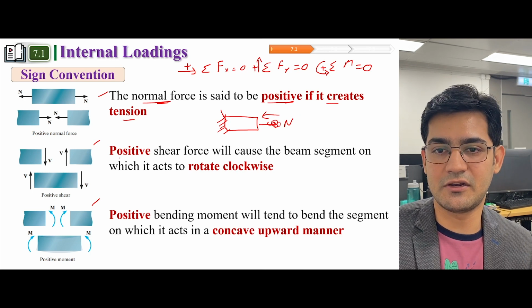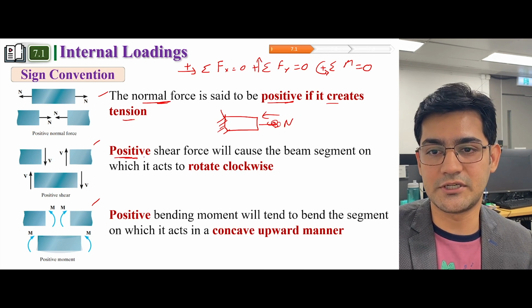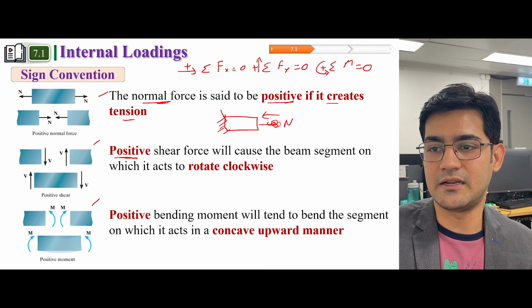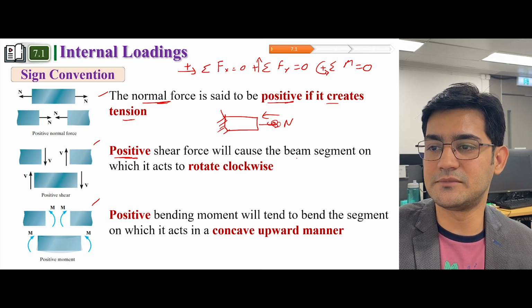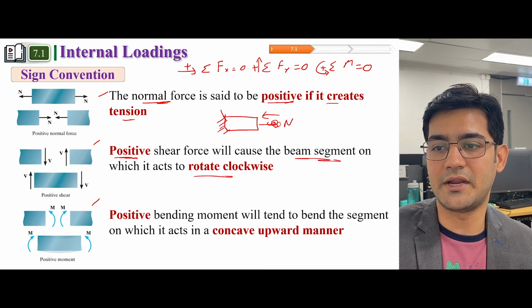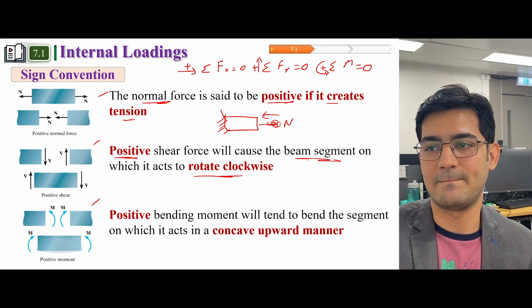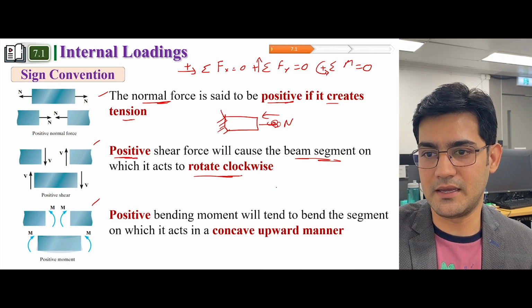Similarly, shear is considered positive if it causes the beam segment to rotate clockwise. Now what do I mean by this?